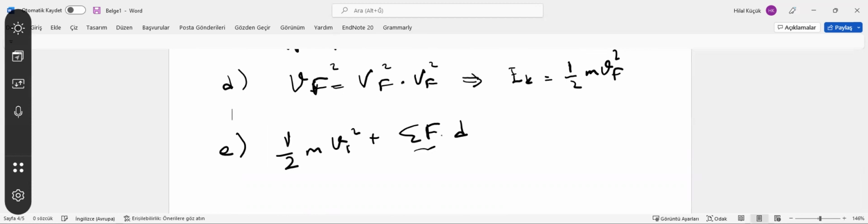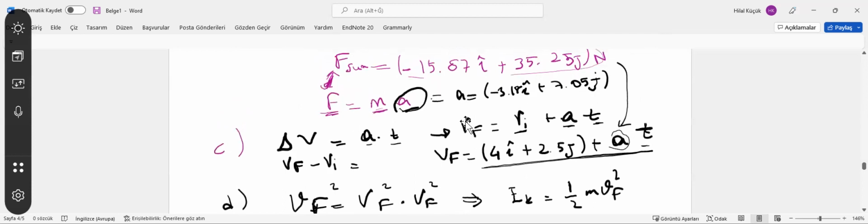We already found F. And if you find position, you can just make a scalar product with D. Of course, how can you find D? If I know velocity, it exhausts me. Just you need to use this formula.